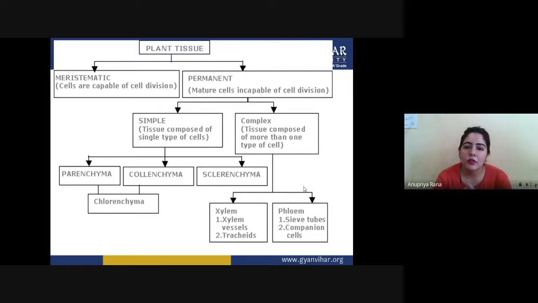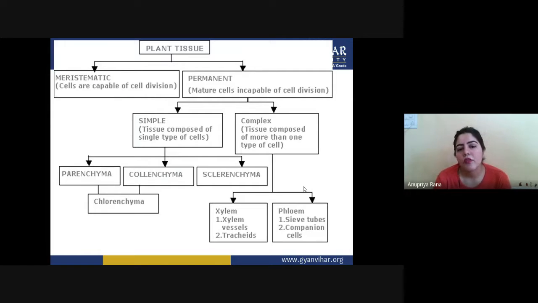They have the capacity to attain maturity inside them, and they are incapable of cell division. So basically, in this kind of tissue, the permanent one, cells only divide at their younger stages. They cannot divide once they get mature.